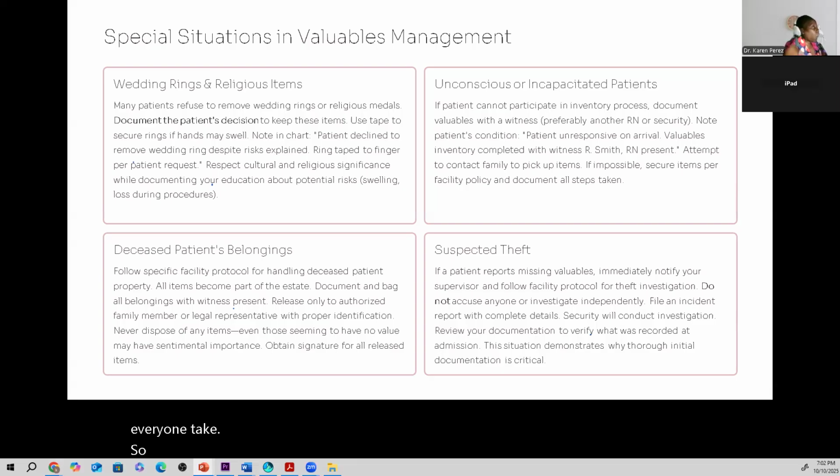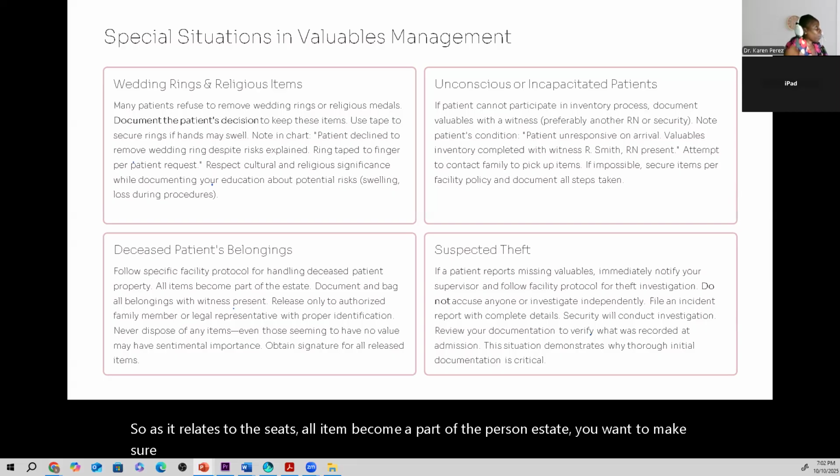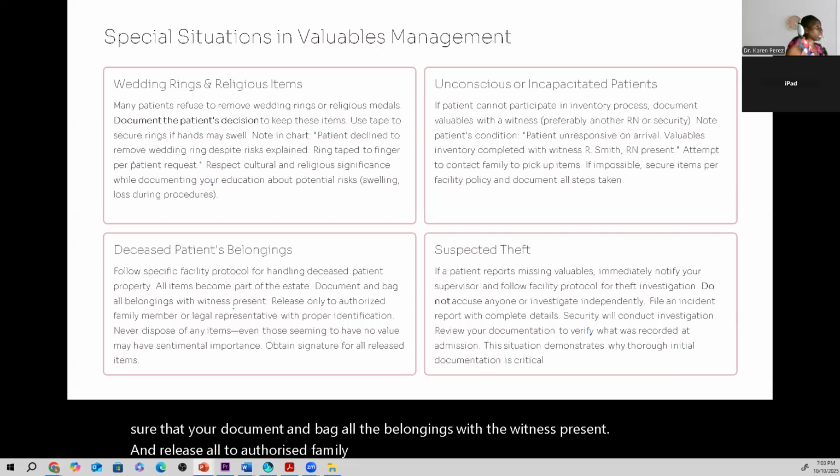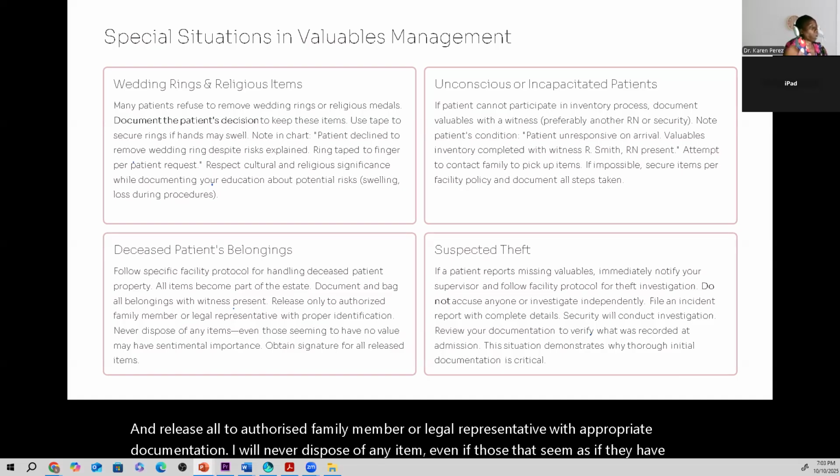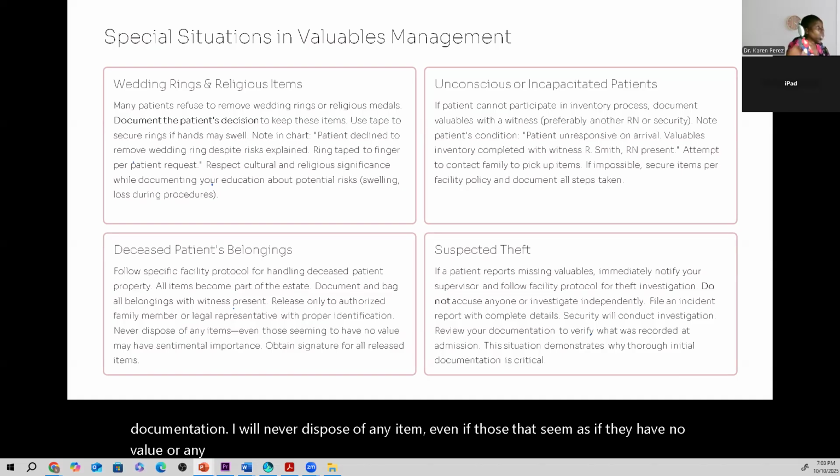As it relates to the deceased, all items become part of the person's estate. You want to document and bag all the belongings with a witness present, and release all to an authorized family member or legal representative with appropriate documentation. You never dispose of any item, even those that seem to have no value or sentimental importance. And you want to make sure you obtain a signature for all released items.